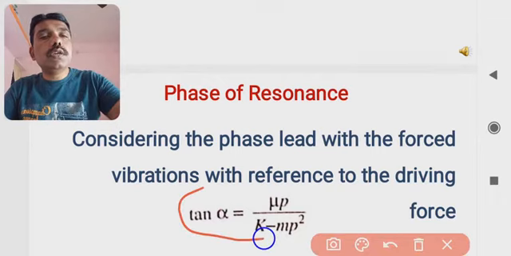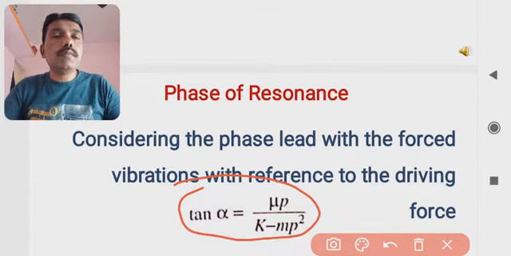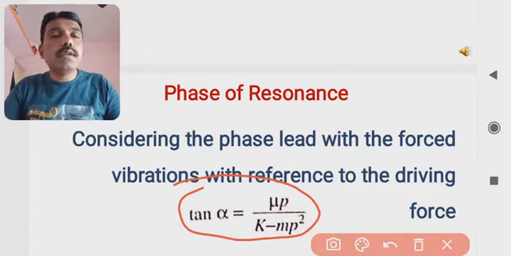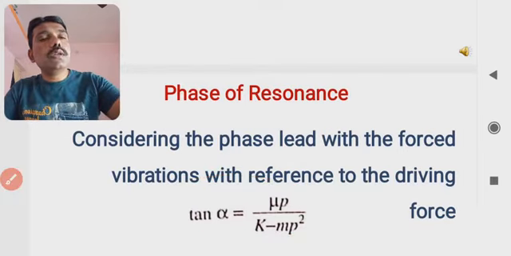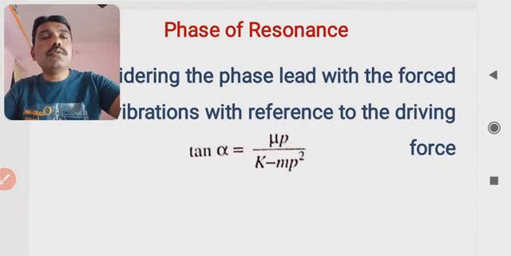You have to take this relationship into account to get the phase relationship. So this is the phase angle, tan of alpha, and considering this phase of the forced vibration with reference to this equation, we can find out the phase of resonance.